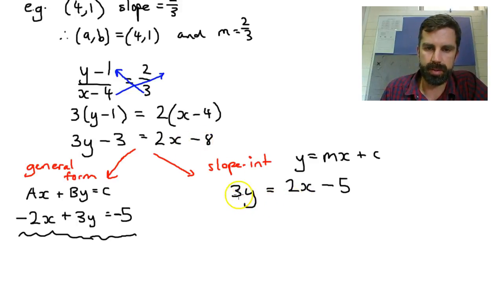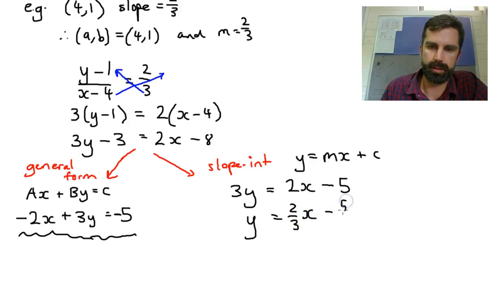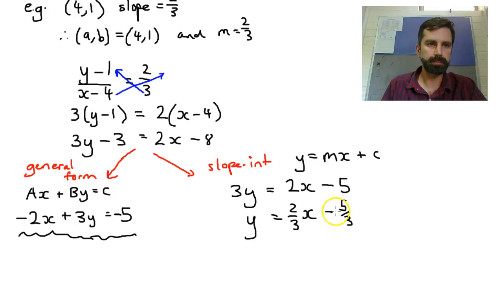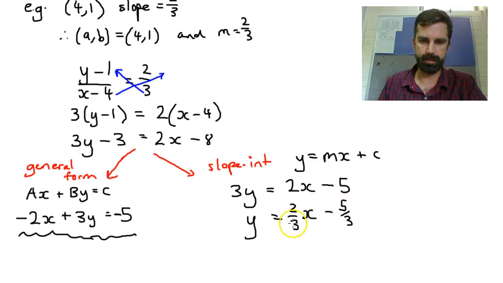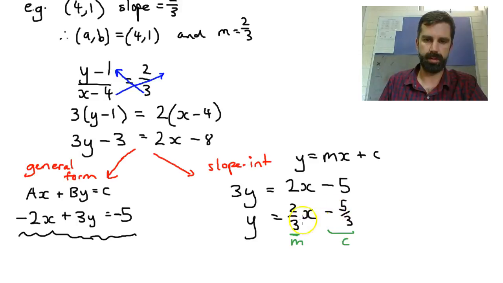And then for my final step, I'm going to divide by 3 to get rid of the 3 that's out the front of the y. If I divide each of the terms by 3 separately, I'll get 2 over 3 x minus 5 over 3. Okay, and that's in slope-intercept form. So m would be 2/3 and c would be negative 5 over 3.